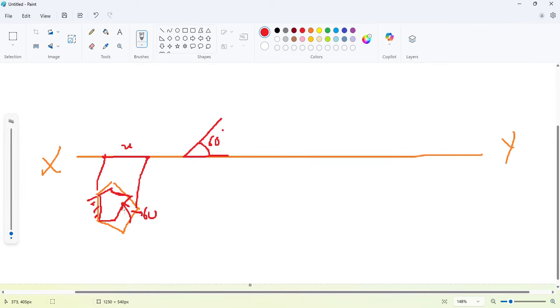So the surface is at 60°, and this edge is the resting edge. It means it is on the HP. So this edge is represented by this point, which should be on this reference line. Now we can trace the pentagon.